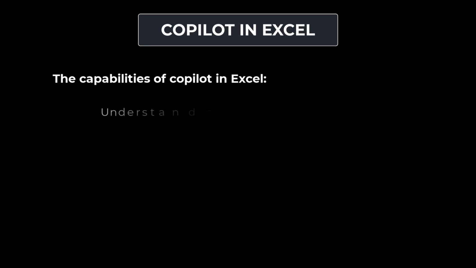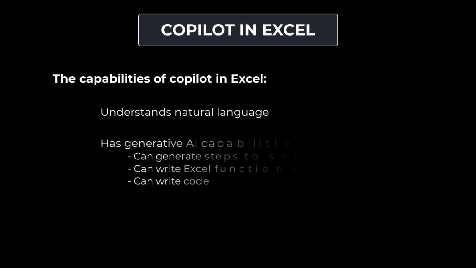Hi everyone. In this video, I'm going to show you the capabilities of Copilot in Excel. As you may know, Copilot is a tool that can understand natural language. That is, whatever command we give in simple English, it understands that. Then it has generative AI capabilities to generate steps to solve the problem, write Excel functions, and even write code.